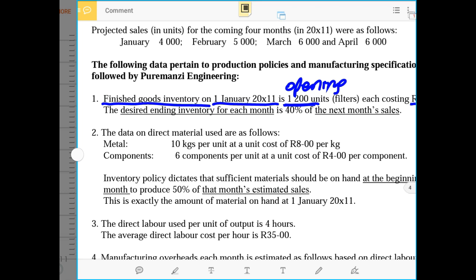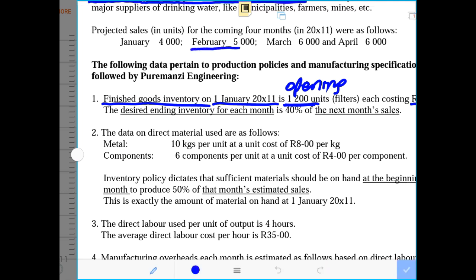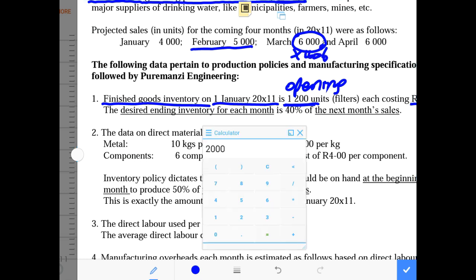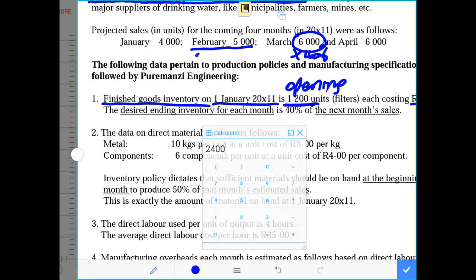Again, the closing of the month of February is 40% of March, that means 40% of 6,000. If we multiply 6,000 by 40%, it will give us 2,400. Therefore 2,400 will be the closing in the month of February, and the closing of February becomes the opening in the month of March.